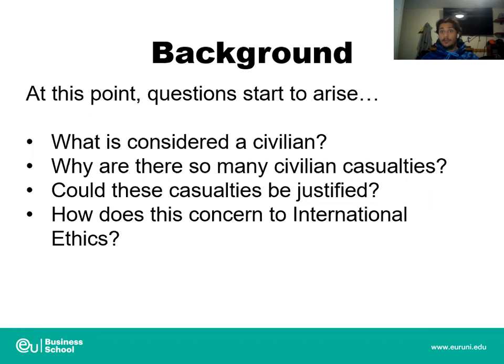This brings the following question. Could these casualties be justified in any way? This could be explained through an ethical school of thought called consequentialism. Consequentialism says that actions are good or bad depending on the nature of their outcome.